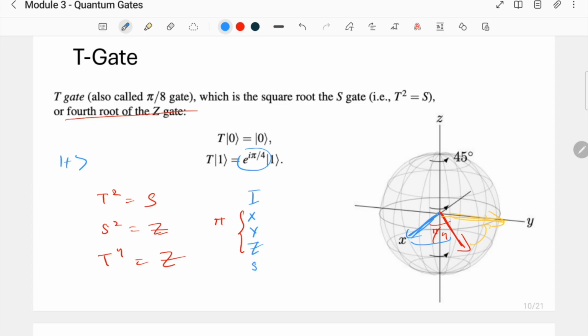Then we had the S and the T gates, which rotate along the Z axis by pi by 2 and pi by 4 respectively, and the Hadamard gate, which rotates along the Z plus X axis, again by pi radians.